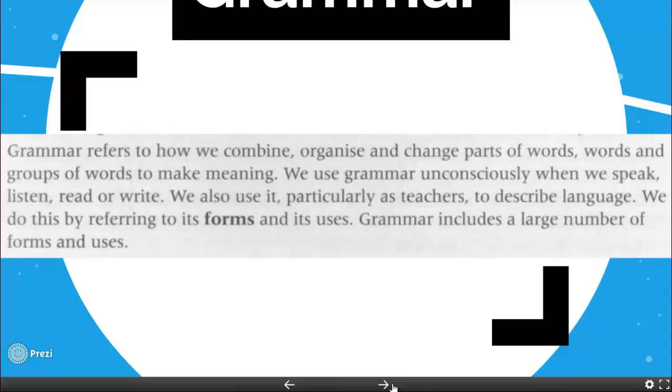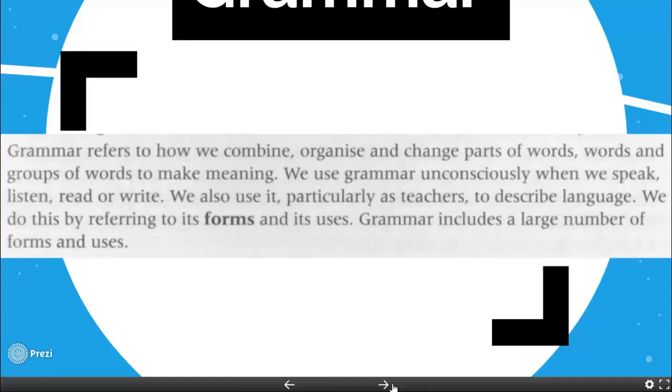We use grammar unconsciously when we speak, listen, read, or write. We also use it, particularly as teachers, to describe language. We do this by referring to its forms and its uses.